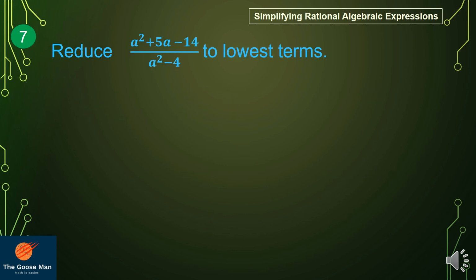So let's have example number 7. Reduce a squared plus 5a minus 14 all over a squared minus 4 to lowest terms. By inspection, the numerator is a quadratic trinomial, while the denominator is a difference of two squares.